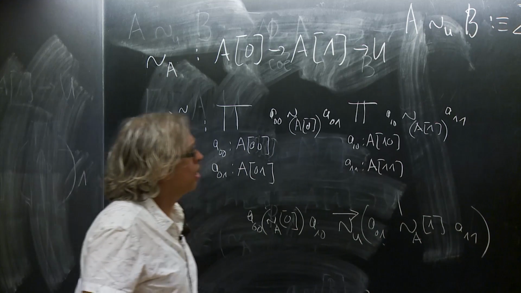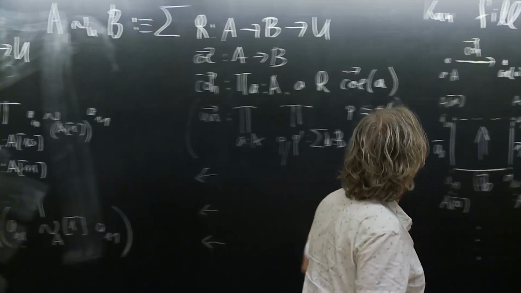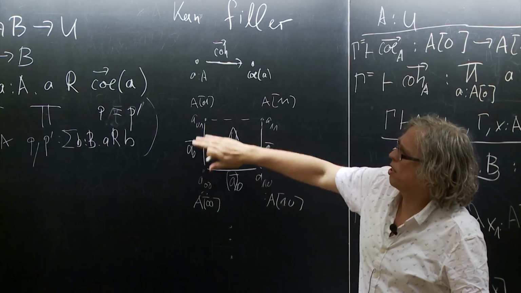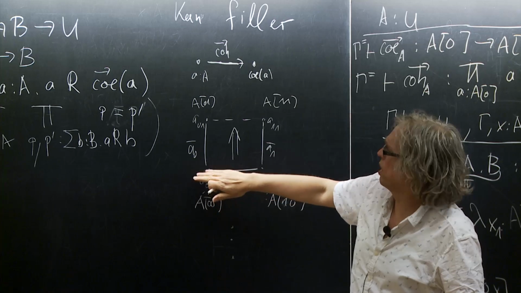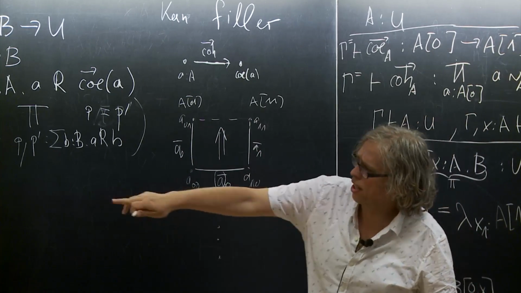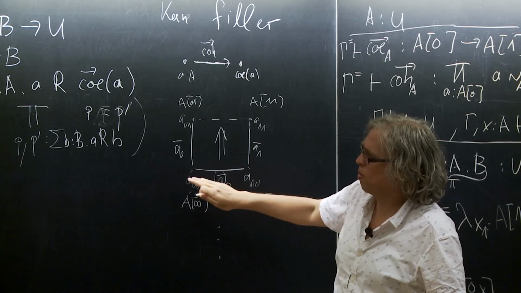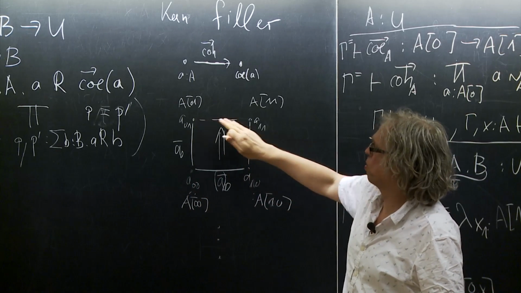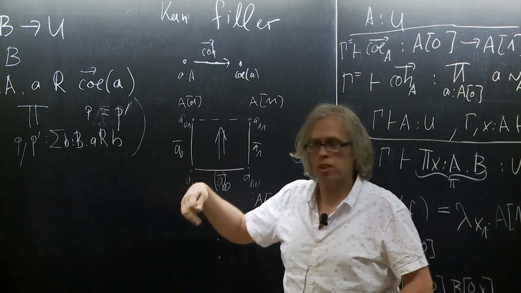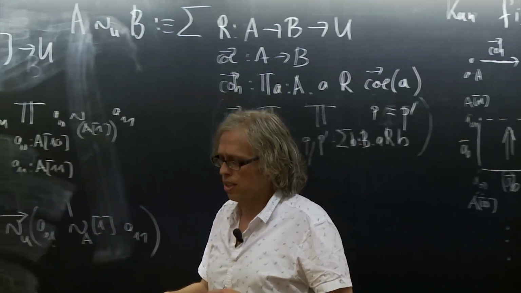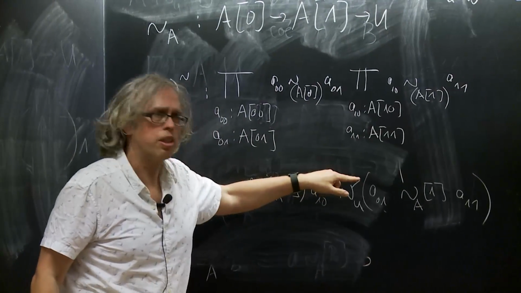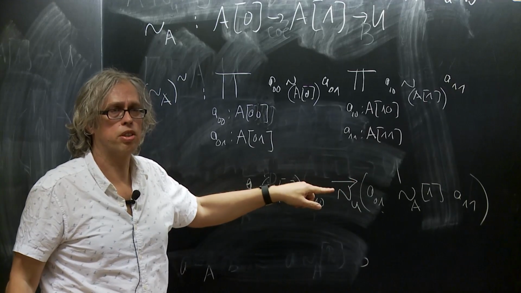And what do I need here? I'm exactly in the situation that this is my first argument, this is my second argument, and this is the left-hand side of my equality. And what I want to prove is that this relation holds. Yeah? So what I'm doing here, I'm constructing the second-dimensional Kan filler from my one-dimensional coerce in this situation.